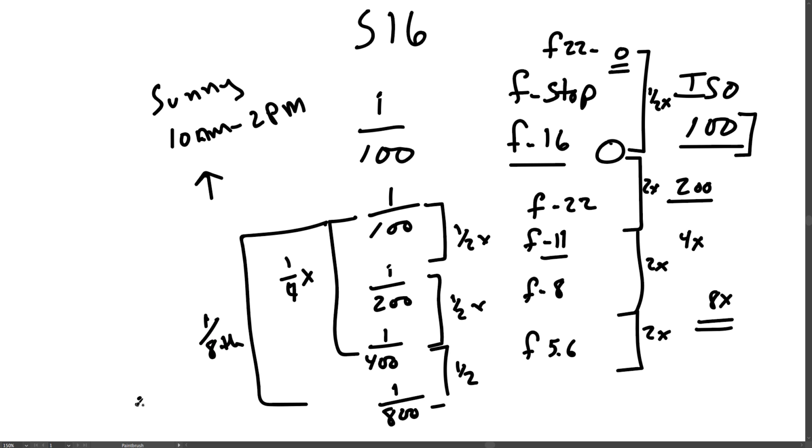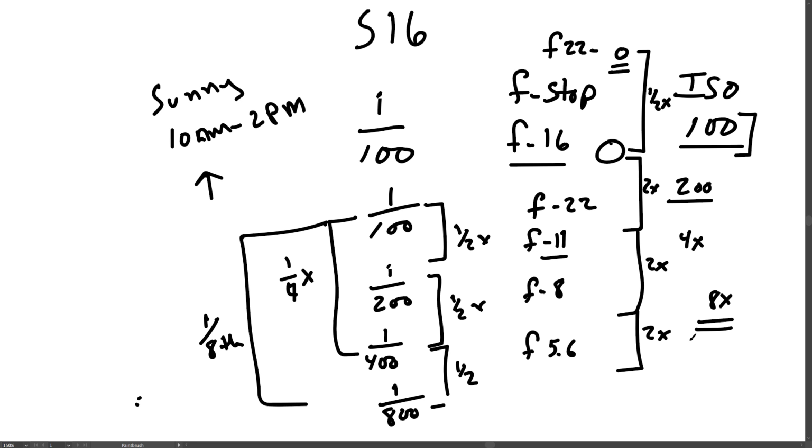So if it's a sunny day between 10 a.m. and 2 p.m. and you set your ISO at 100 and your shutter speed at 1 over 100, but then want to change your f-stop from f16 to f5.6 so that you have a very shallow depth of field, then you need to change the shutter speed in this case.